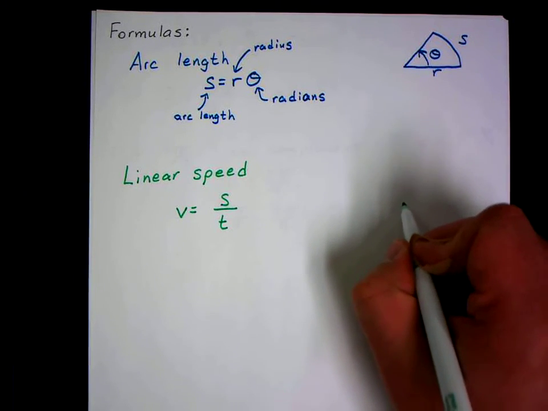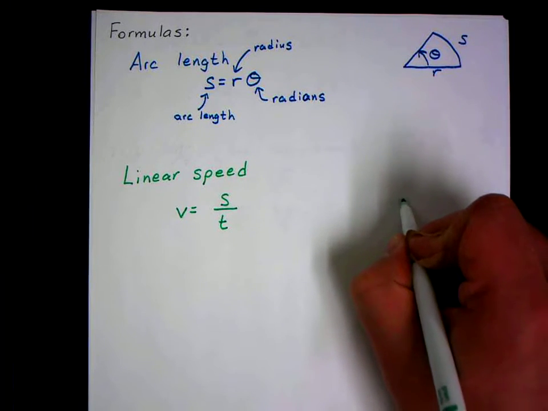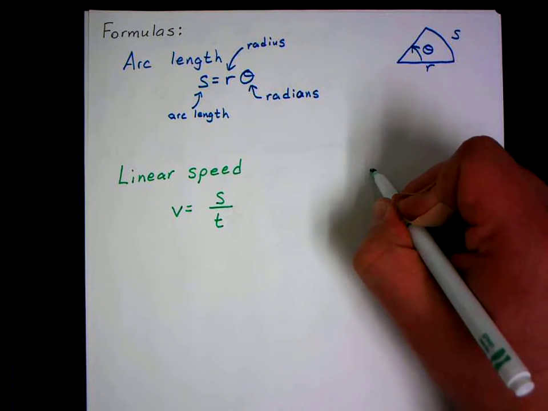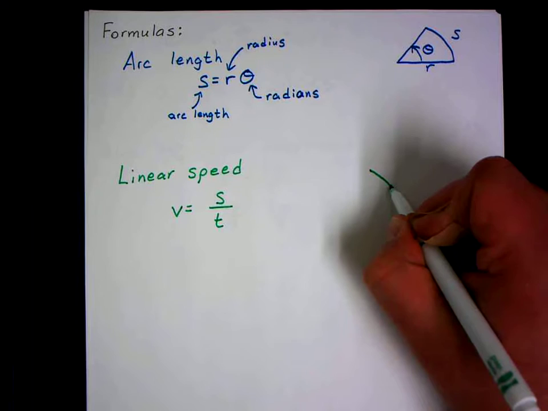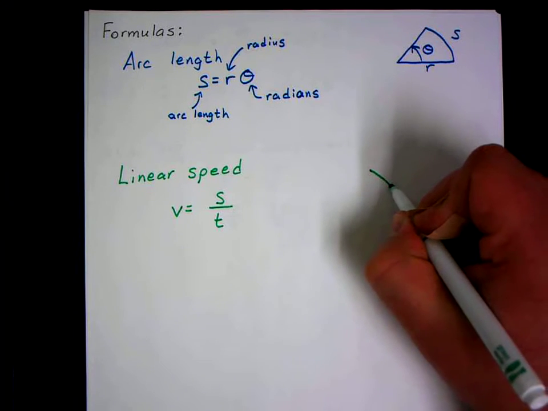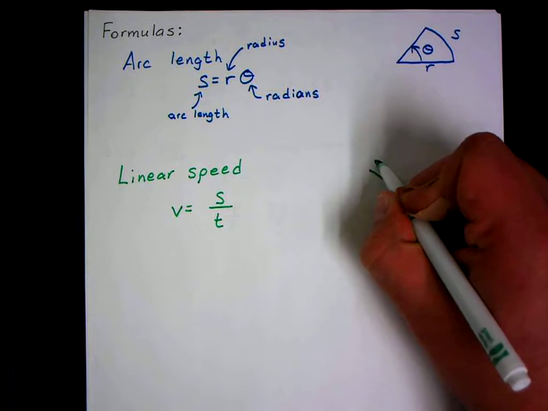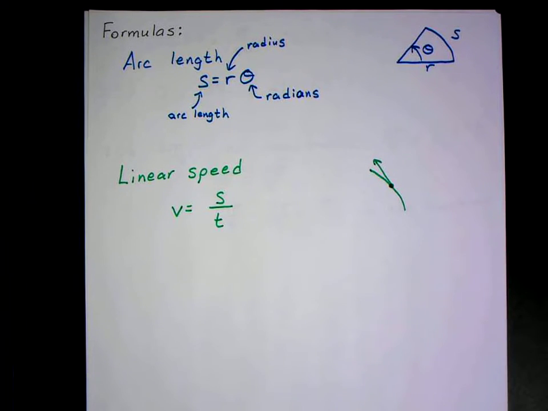Okay, what this is, if you have a particle traveling along an arc, if it was to leave its arc path and actually just travel off in that direction, what would its speed be in that direction? That's linear speed.